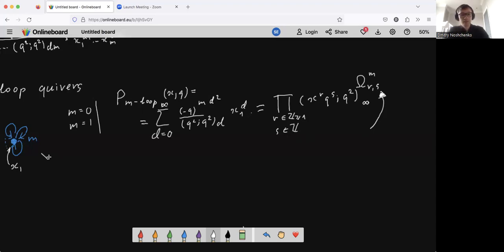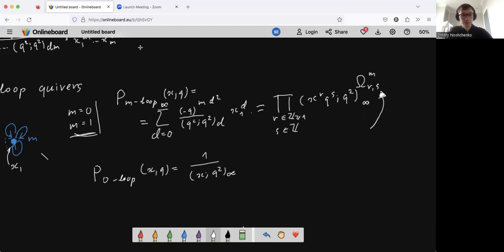However, in the case when m equals 0 and 1, one can easily write such a product form. I will just write it below. You can check yourself that the zero loop quiver equals 1 over a single q-Pochhammer, so it will be (x; q squared) infinity.